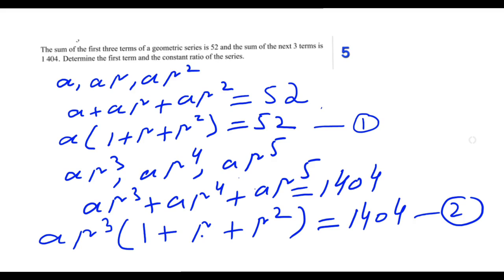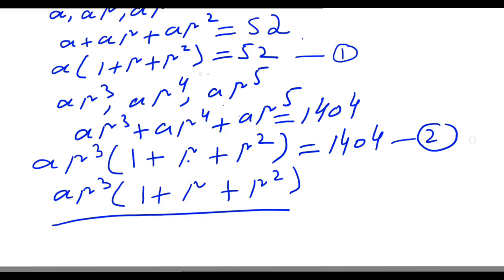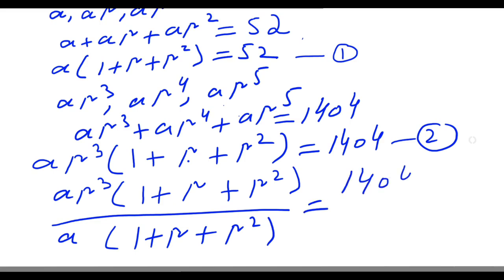Divide the second equation by the first equation. So the second equation we got ar^3 (1 + r + r^2) over, and for the first equation the left-hand side is a(1 + r + r^2), and now equal to 1404 over the constant 52.